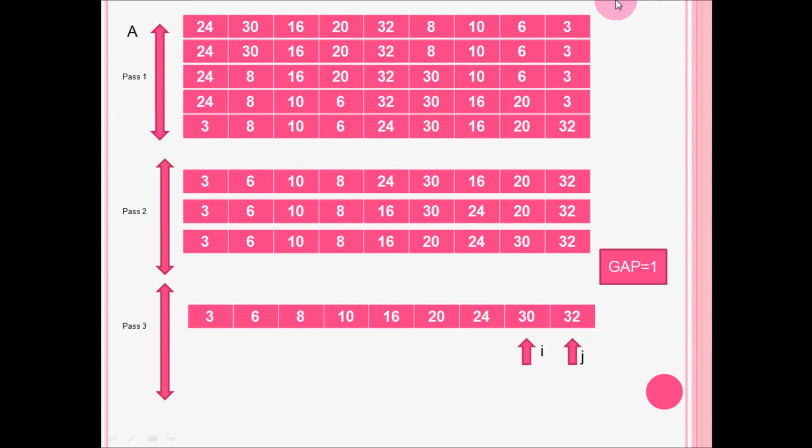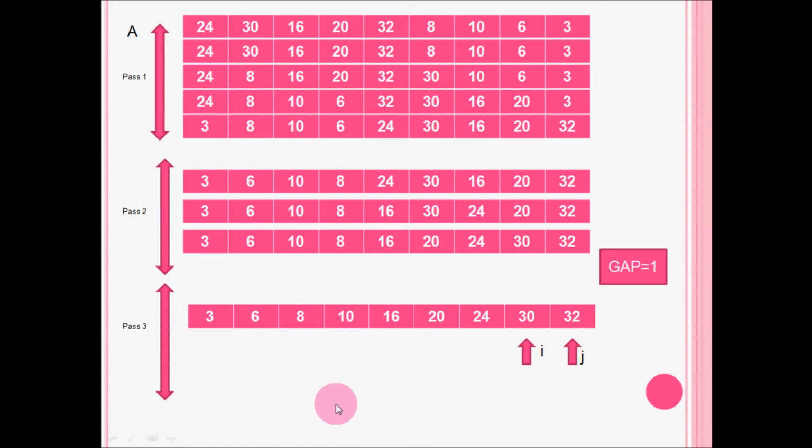So that's why when the smaller elements are too far from the leftmost part in ascending case, we use the shell sort to increase the efficiency of our algorithm. Now let's discuss the algorithm.